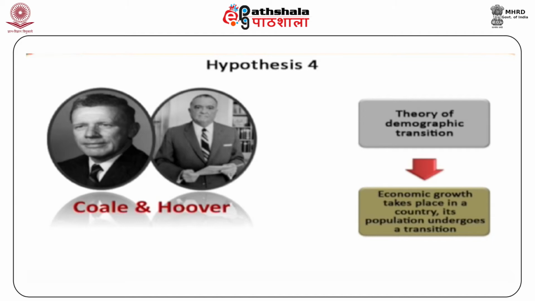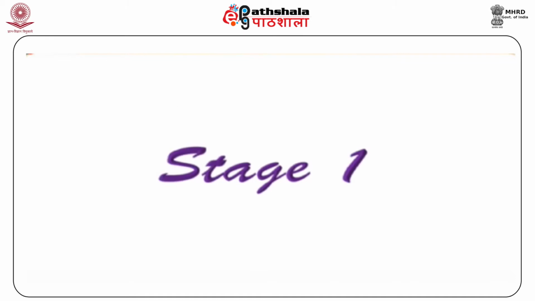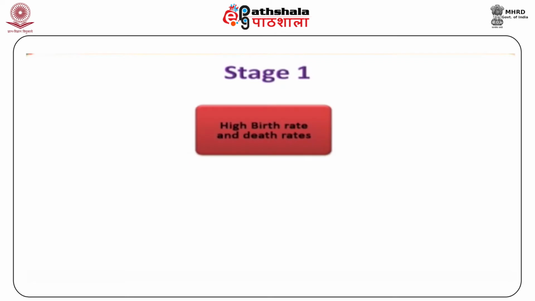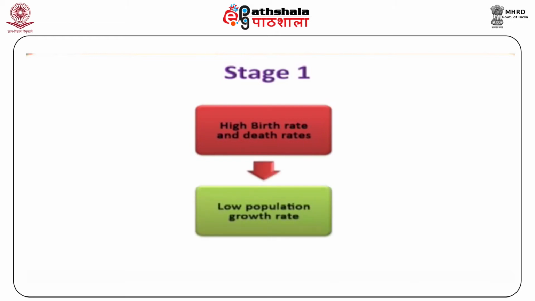There are three such stages in demographic transition or population growth. In the first, both the birth rates and death rates are high, which implies that the rate of growth of population is low.